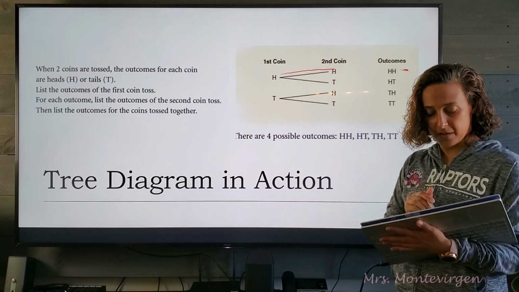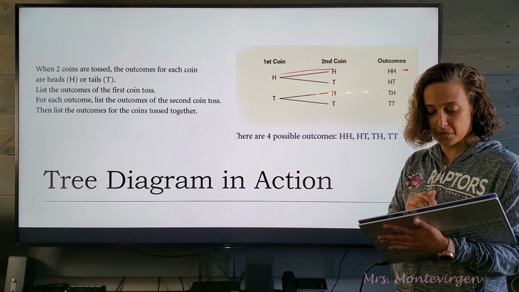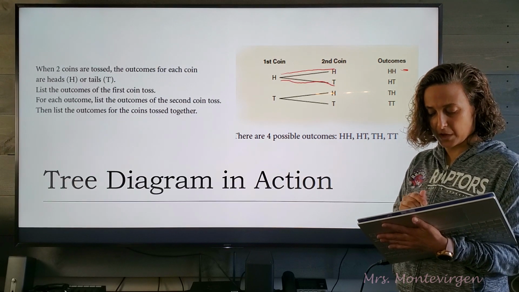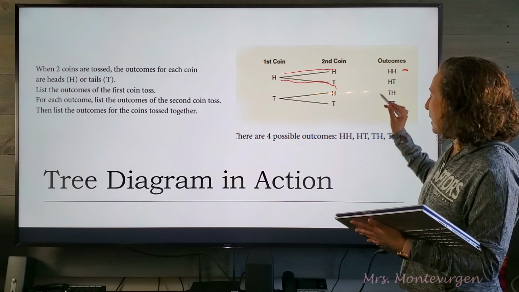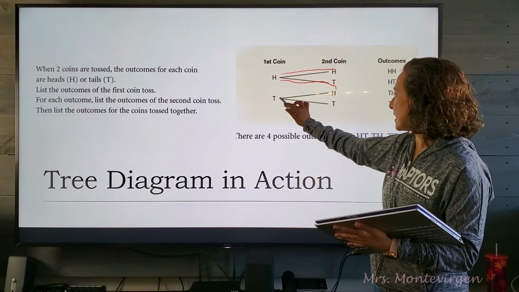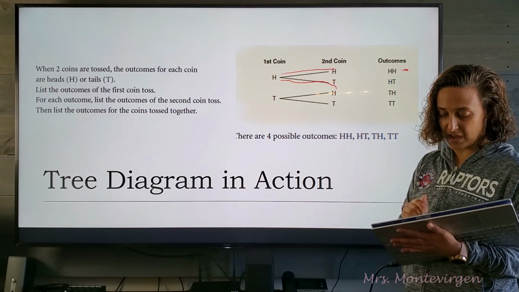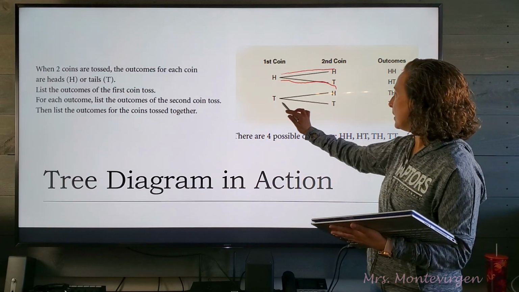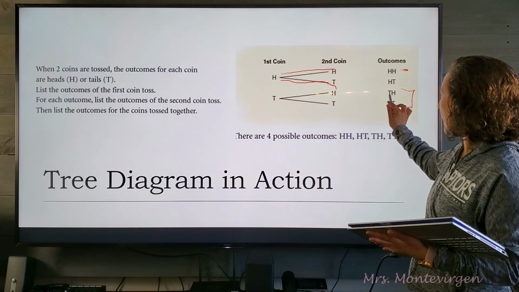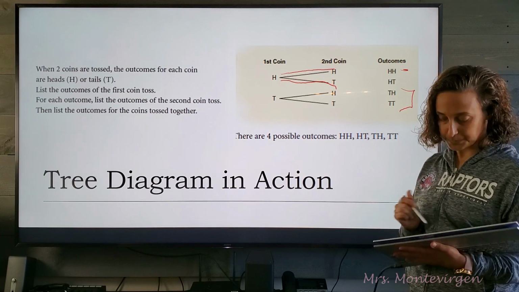And the same thing here, if I go to another branch, I may start with the heads in my first flip. If I go to my second one, I get tails, and here is my outcome, heads or tails. And again, my third and fourth branches are read the same way. And again, that's how you get these ones out. So I can get tails and heads, I'll get TH, and tails and a tails, and I get 2 T's.